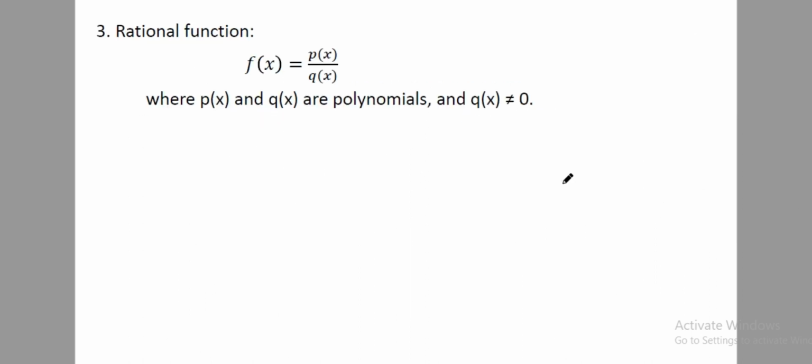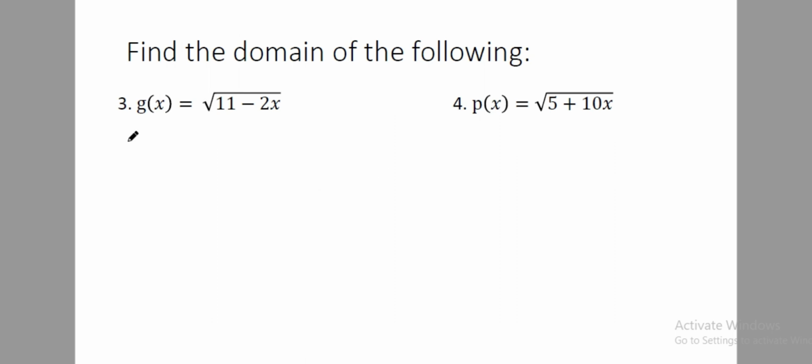Another example, g of x. Again, we start with 11 minus 2x greater than or equal to 0. There are two ways of solving this. You may transpose negative 2x to the other side, or let it stay on this side and transpose 11, so that it becomes negative 11.